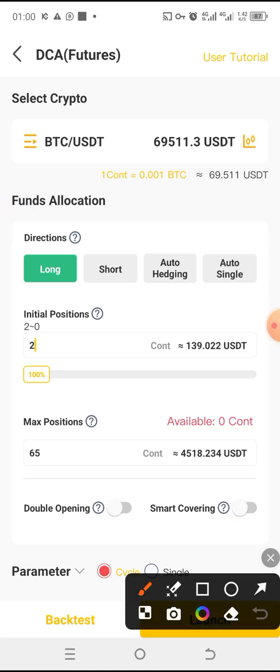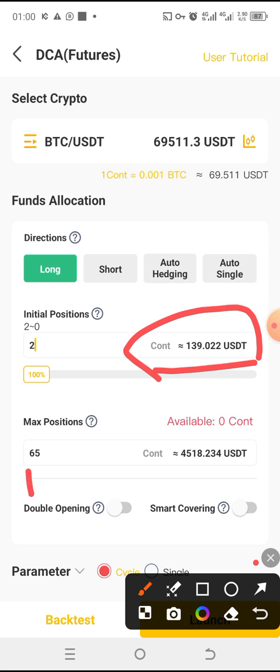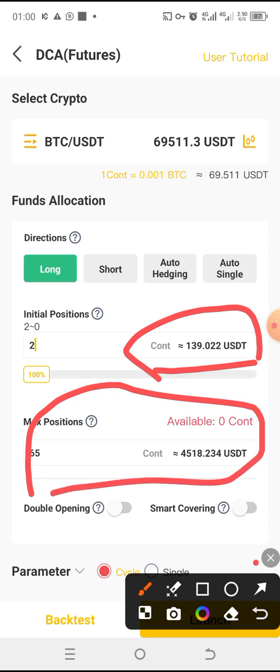So that simply means what we are trading here is 139. It's not a problem. I know you don't have that amount. It's okay. Then the maximum position. The maximum position here is 65, and that simply means all we will be trading with is 4,518. We don't have that money, and we don't want to leverage with little to get that.